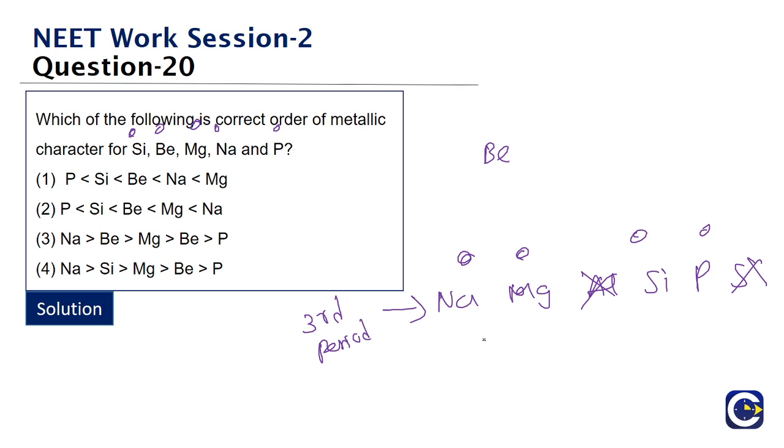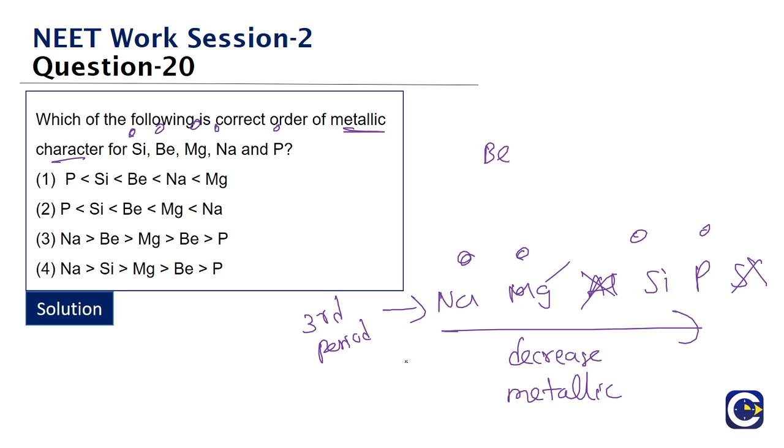So first let us talk about this set. When we move from left to right in any period, what is going to happen to the metallic character? It is going to decrease. In the extreme right, what do we have?